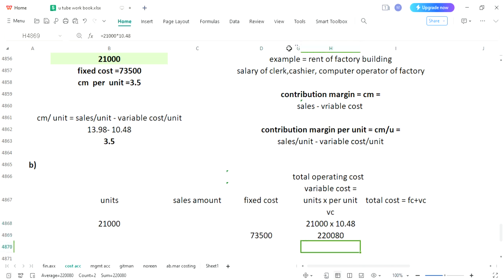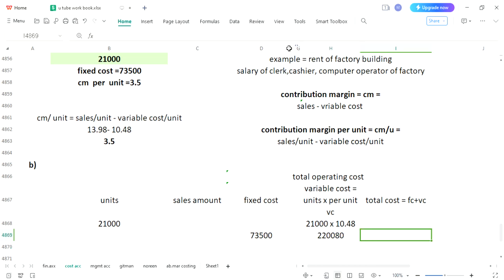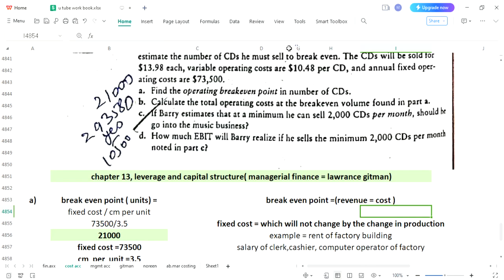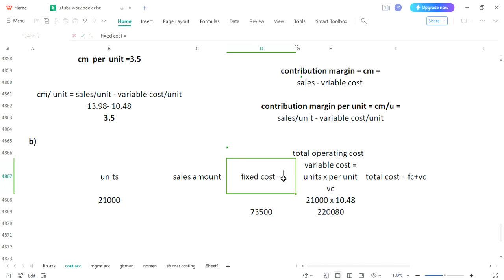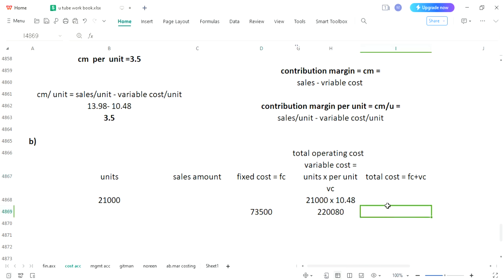Now finally we can calculate our total cost, which is the sum of fixed cost and variable cost. This fixed cost can be denoted by FC. So what we need, FC plus VC. So here you can write down the statement, 73,500.